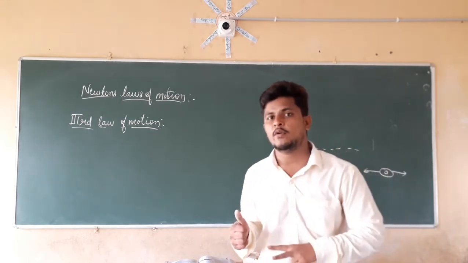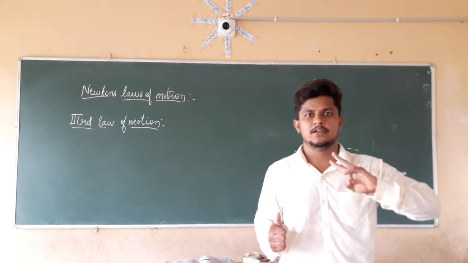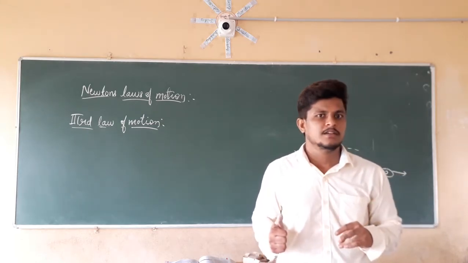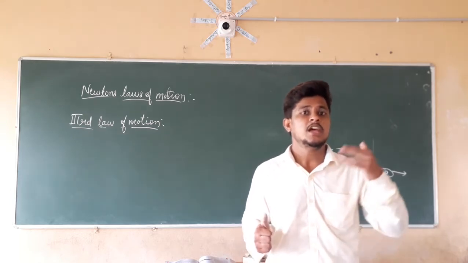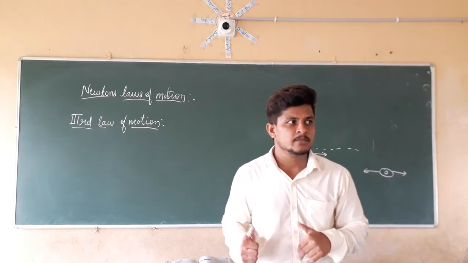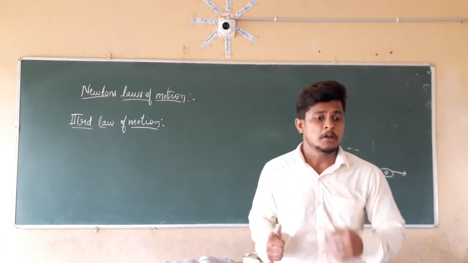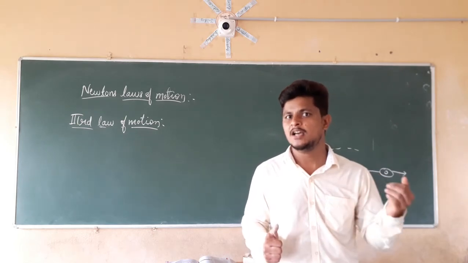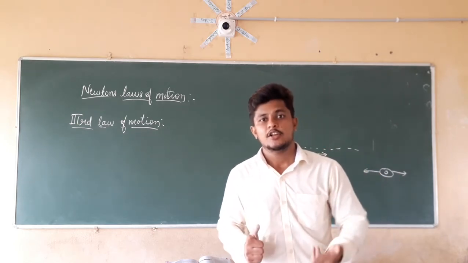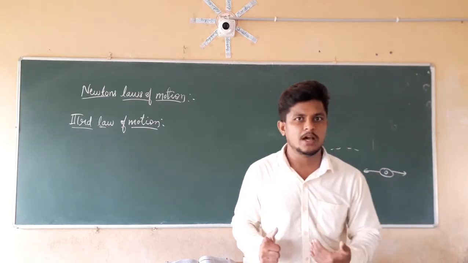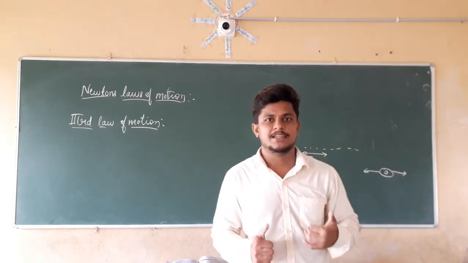Here two objects are moving, so two forces are acting, one on each object. But if you check the motion, both motions are in opposite directions. So the magnitude of the force applied is equal, but the directions are opposite.